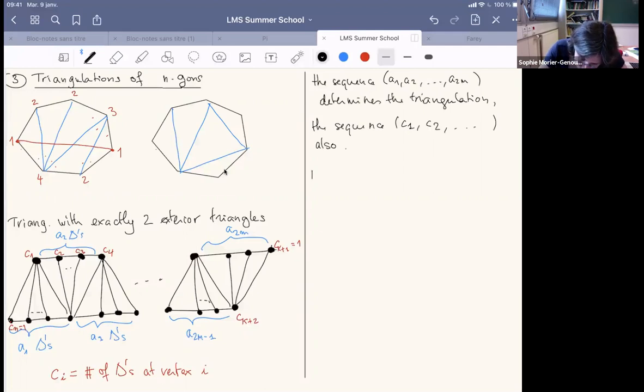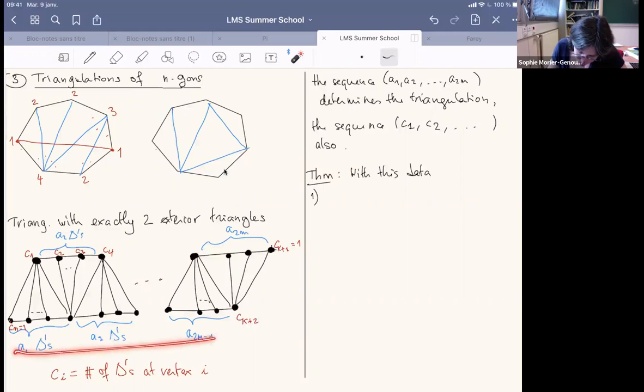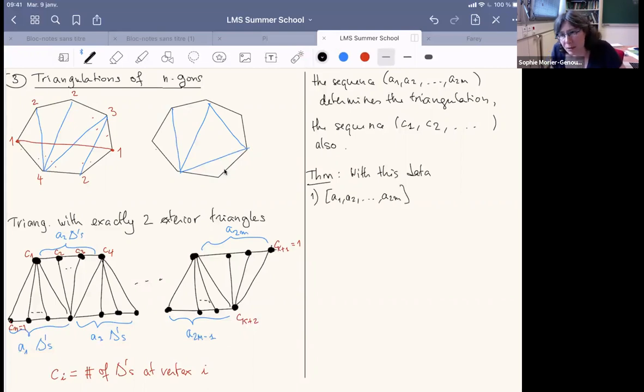Theorem. So with this data, if I am given a triangulation like this, I look at this sequence of A's and I compute the rational number A1, A2, up to A2m using the regular continued fraction expansion.